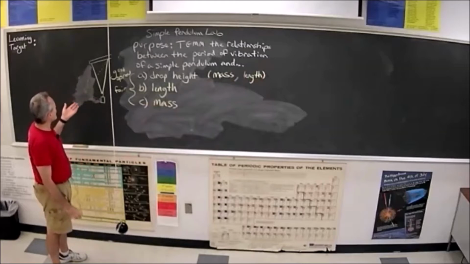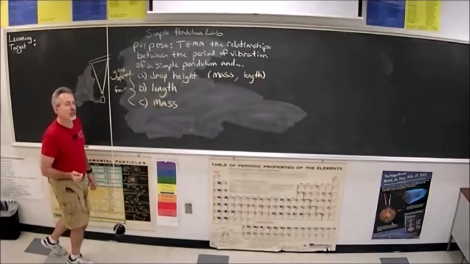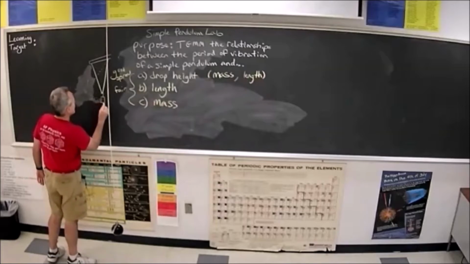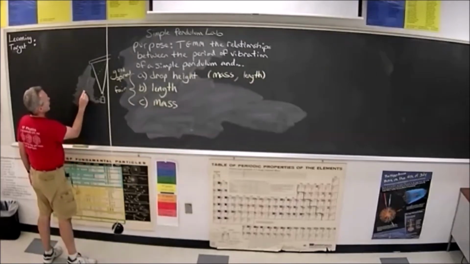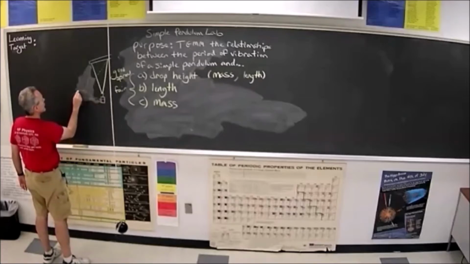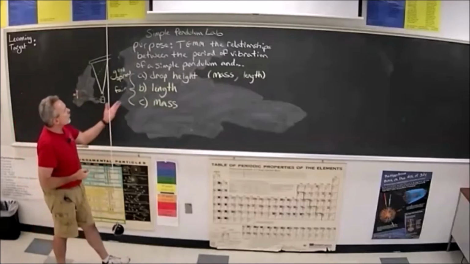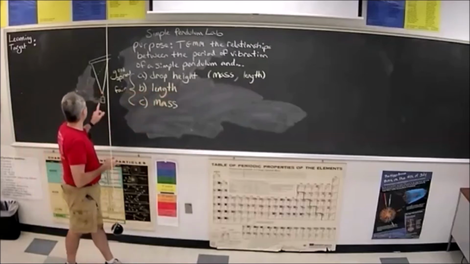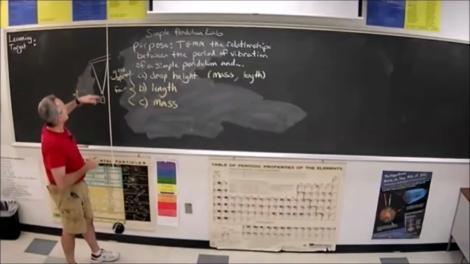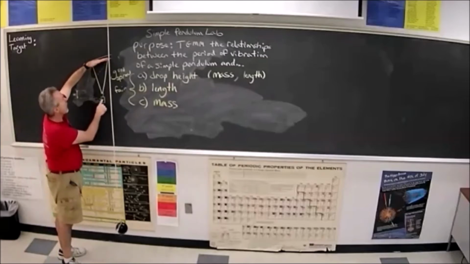Well, when you're doing the drop height, what you're going to do is at the bottom here, and you're always measuring the drop height from the center here to the center of wherever you pull it up to. And so really, you're just simply measuring this distance here. This will be the drop height, h. So for that lab, you just need to make sure the mass is constant and the length. And by the way, the length goes from the bottom of the bar here, because that's where it's swinging about, the bottom of the bar, to the middle of the mass.